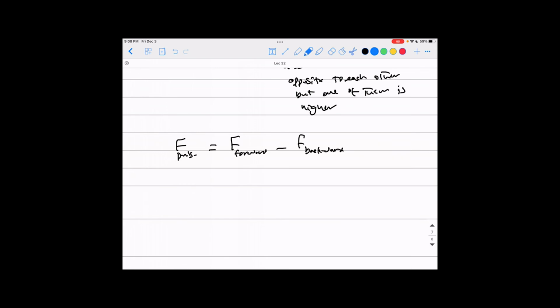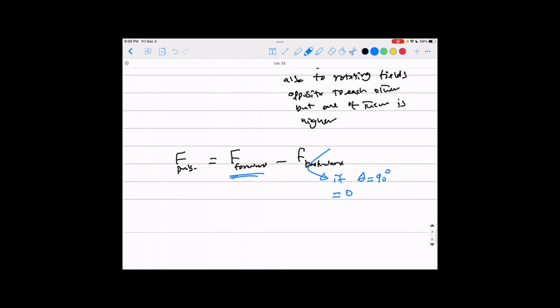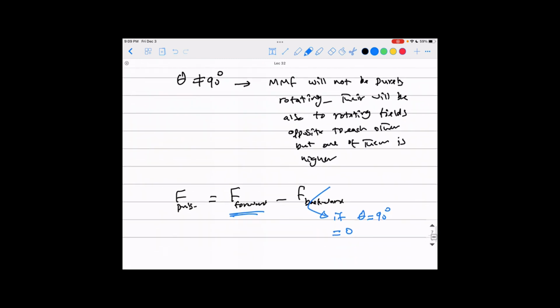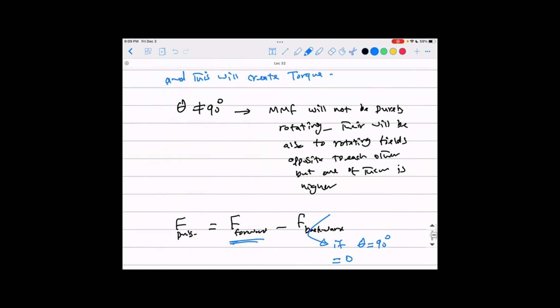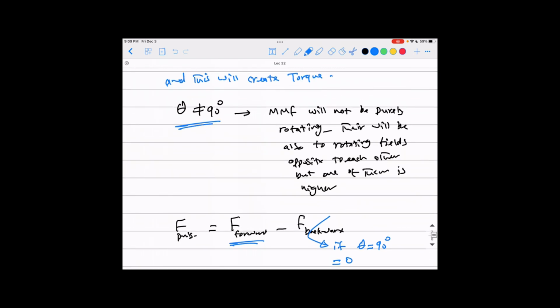So if the angle theta equals 90 degrees, this backward field will equal 0. It will go away entirely, and F pulsating will be just F forward, and that's totally rotating, just like a three-phase induction machine. Okay, guys? But because here theta is not entirely 90 degrees, there is some difference, but it's not 90 degrees.